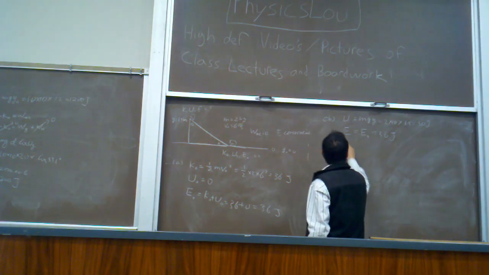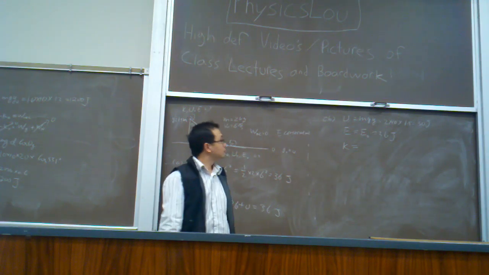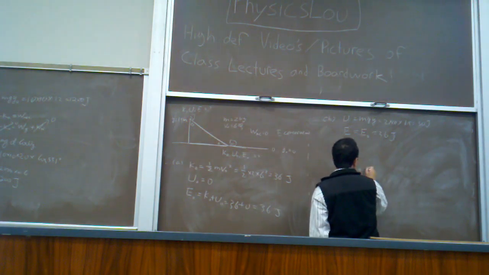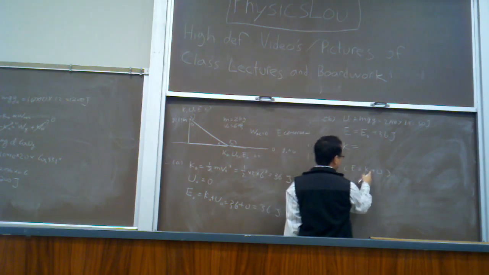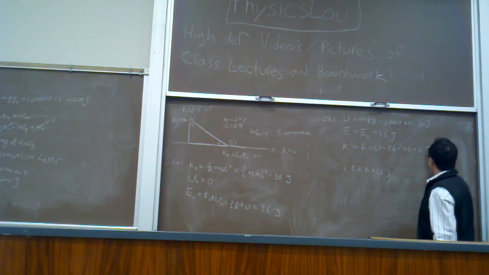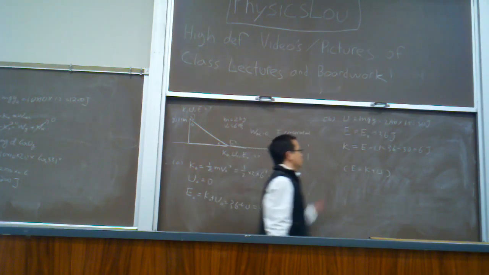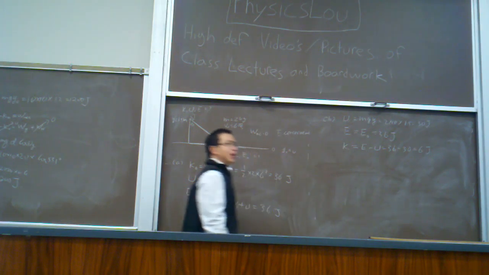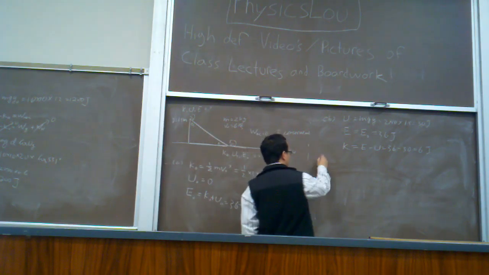And then, can you tell me what K is? If you look at E, by definition it is K plus U, right? So K must be E minus U, which equals 36 minus 30 equals 6. So this is the final kinetic energy, K equals 6 joules. Instead of using the definition of K, 1/2 mv squared, we use the conservation law to calculate it.